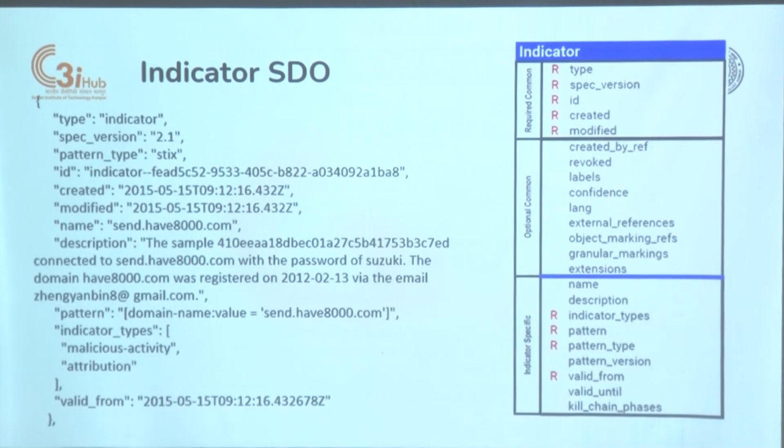Here. So you see in the indicator, I am being very generic, right. In this case, I am saying the indicator type is related to malicious activity and attribution, and I see this as a pattern, right. But this indicator does not say that this is a URL, right.